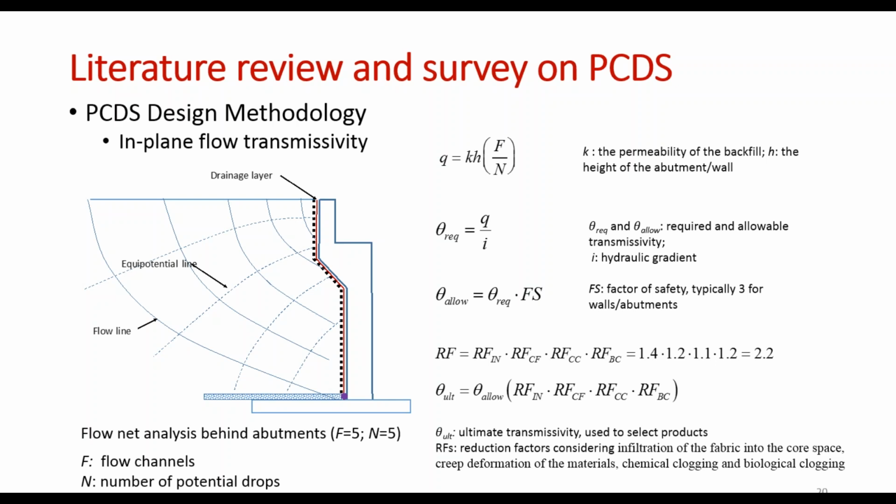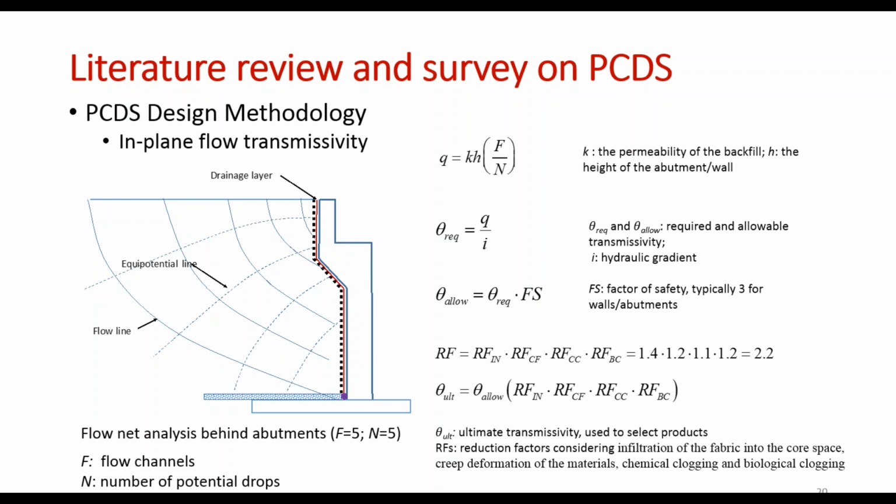We need to introduce a factor of safety to account for the uncertainties of the site material as well as the construction process. We also need to consider some potential reduction factors due to the performance of the drainage system. I mentioned that the drainage system includes a core as well as a fabric, and the fabric may intrude inside the core, so that we reduce the drainage capacity.